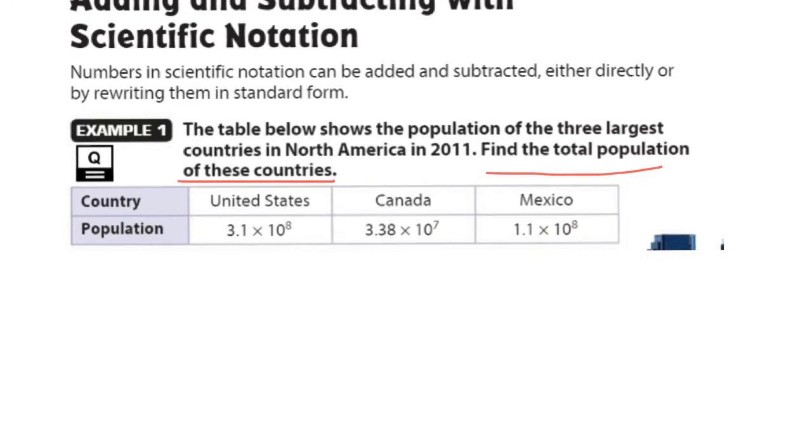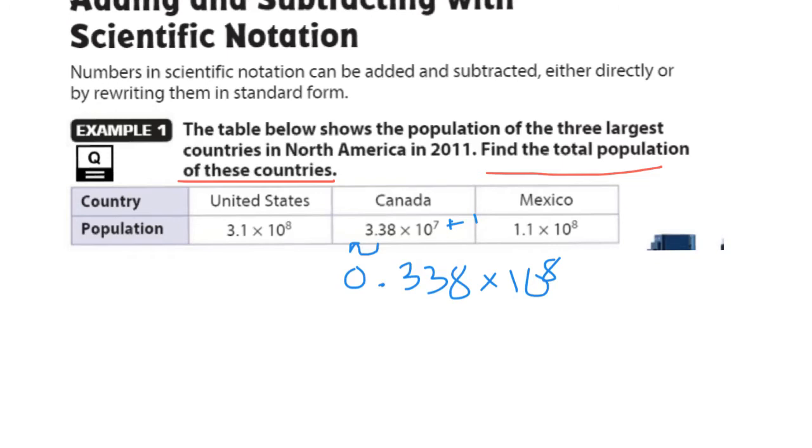We take our decimal point, move it 1 space to the right, and add 1 to the 7. So now we have 0.338 times 10 to the 8th power. So all of them have a power of 8 now.